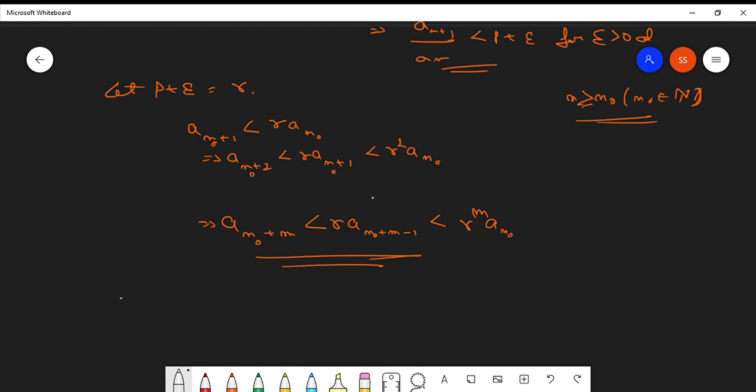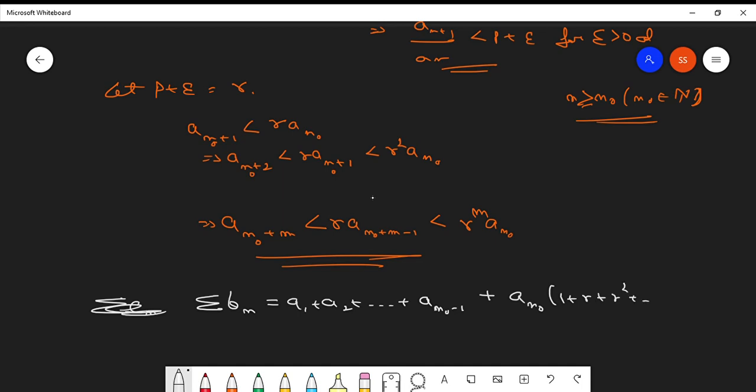if we take a series, conventionally we take Bn. So summation Bn is given such that it is a1 plus a2 till a_{n₀-1} plus a_{n₀} into 1 plus r plus r square till infinity. So from this n₀ term of the series which is given to us, we have a geometric series with r as the ratio and r is less than 1.